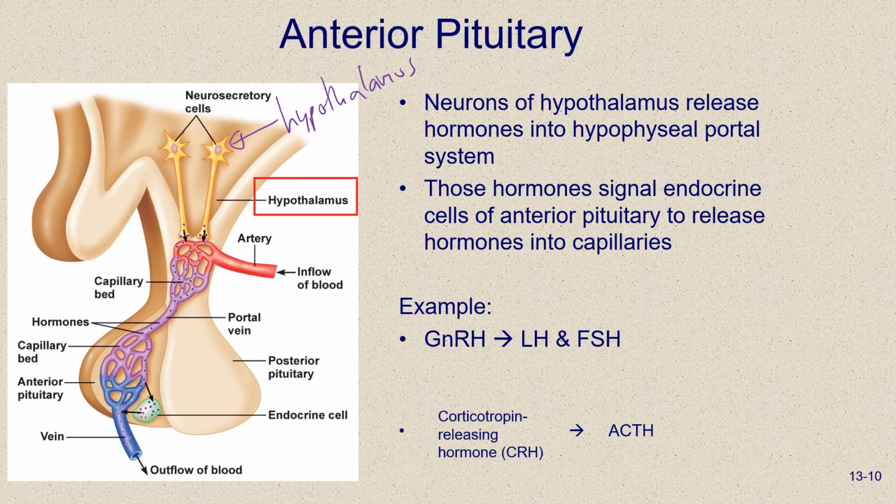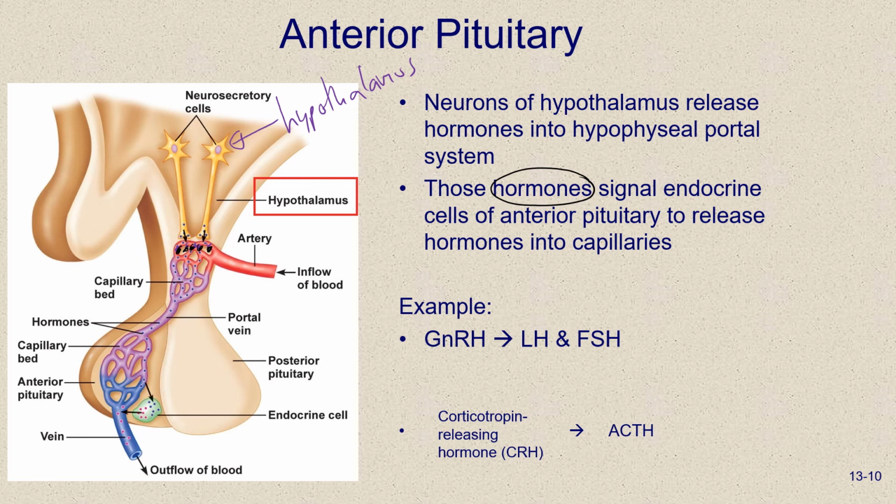And what will happen is when these neurons are stimulated, they will again release chemicals into blood. And so you have another unusual circumstance where neurons, instead of releasing neurotransmitters that stimulate other cells directly, they're releasing chemicals that enter into blood and therefore are referred to as hormones.